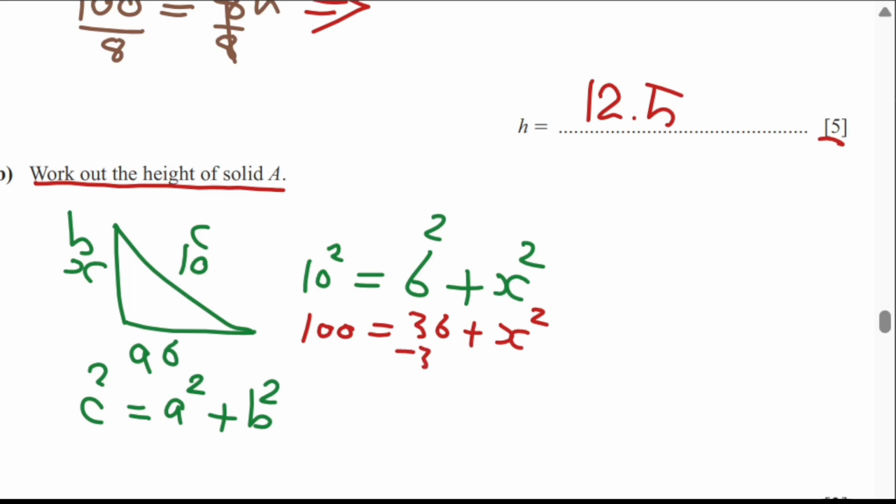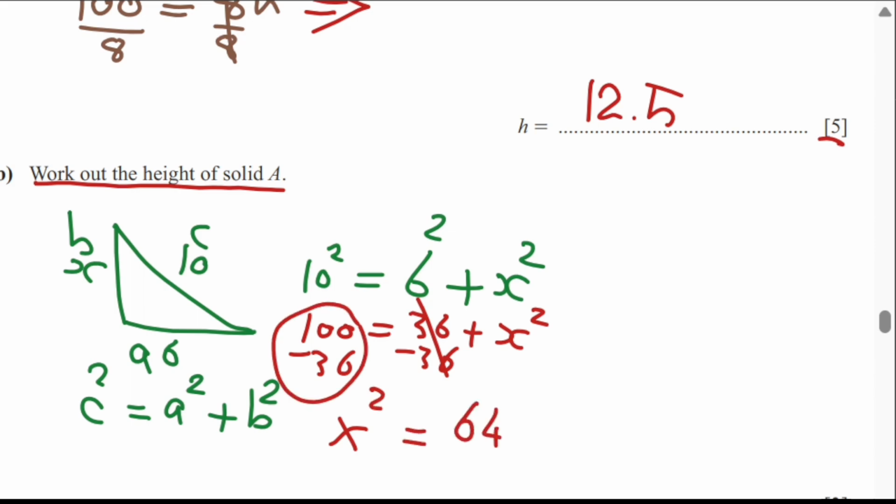Do minus 36 on both sides. So x squared is equal to 100 minus 36, which is 64. If x squared is 64, that means x is the square root of 64. What's the square root of 64? It's positive or negative 8, but since it's a length, it's just 8.